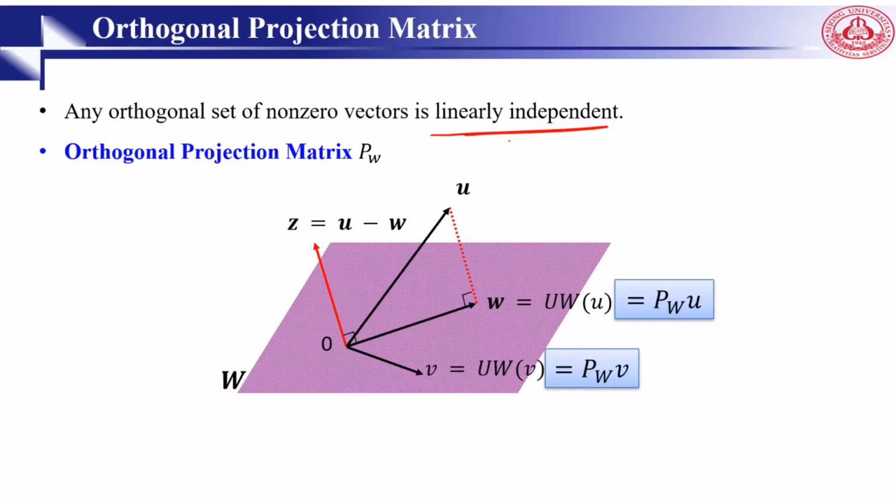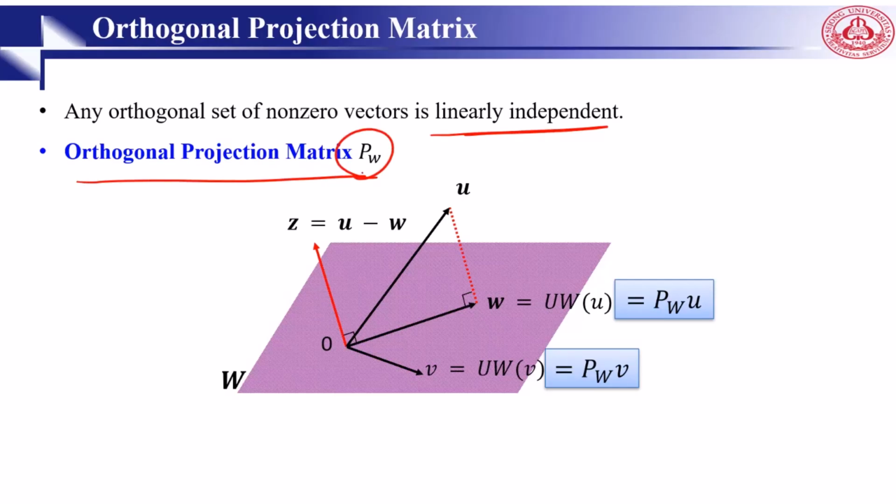This condition ensures that no non-trivial linear combination of these vectors can sum to the zero vector. Therefore, each vector in the set contributes uniquely to the linear combination, establishing linear independence. Additionally, any orthogonal set has an associated orthogonal projection matrix, which we denote by P_W.